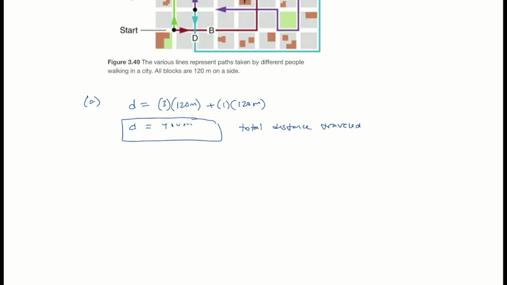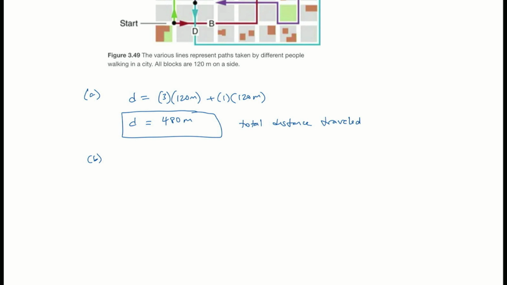Okay, now we need the displacement. And so it's path A, so let's say the x component of path A is that 1 block, and it is 120 meters per block, and so our x component is 120 meters.